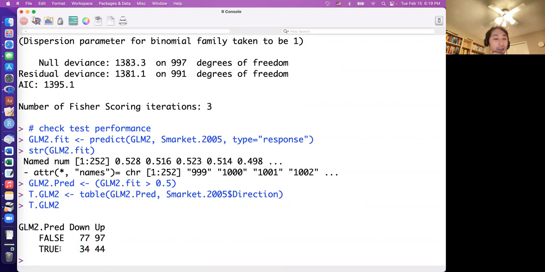We predicted the stock market is up, but actually it's down. So it's errors. And the stock market is predicted as down, but up. So these 97 are also errors. So we are correct in 77 plus 44 over the sum of these.